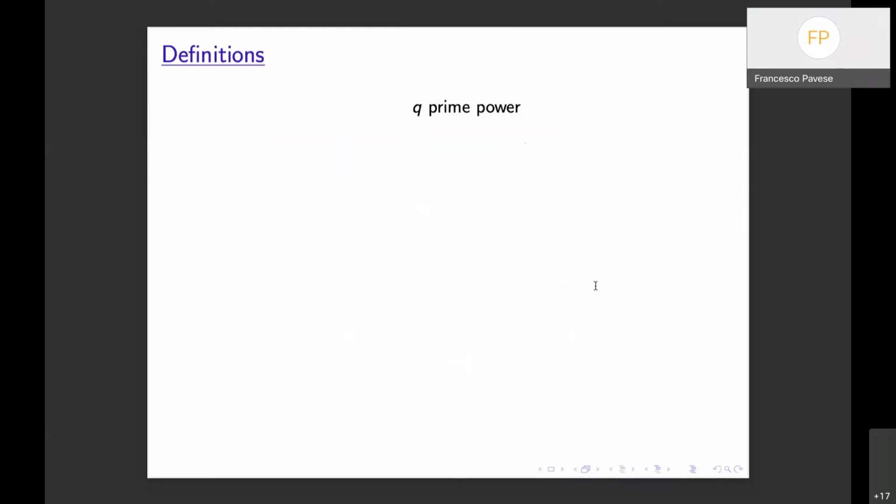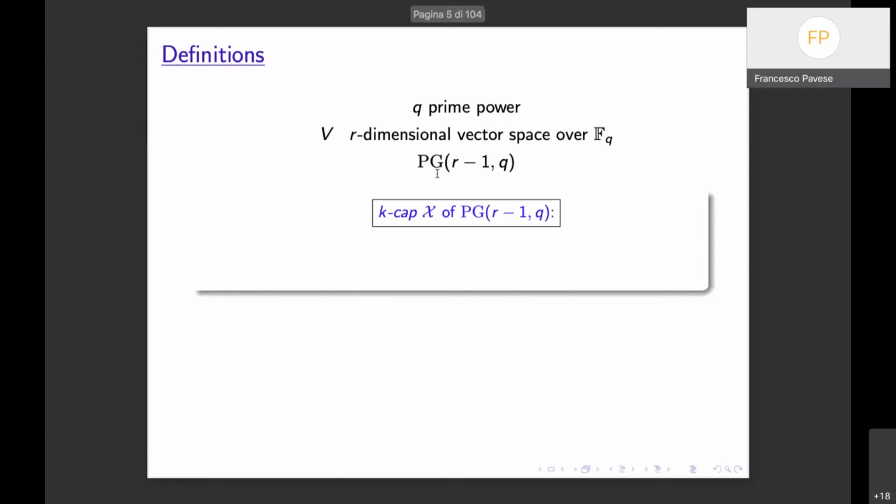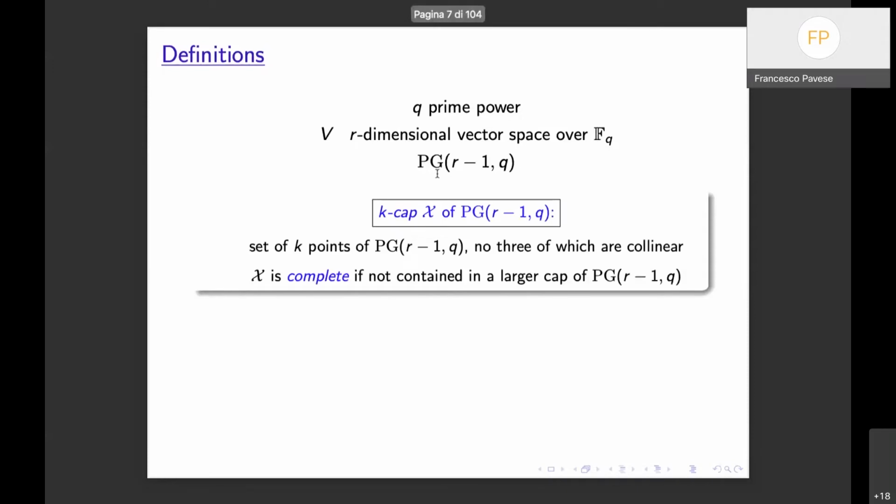Let's start with some definitions. Let q be a prime power, and let V be an n-dimensional vector space over the finite field with q elements. We will denote by PG(n-1,q) the projective space whose underlying vector space is V. And what is a cap in a finite projective space?